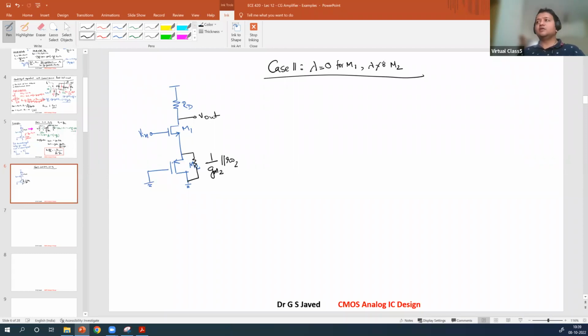If you look at the small signal model, it will be identical, just a small value change at the source. So RS is going to be 1 over GM2 in parallel with RO2. Same GM1 V1, this is V1. You will have no R0 here for the main device, since channel length modulation is 0 there. Here you will have RD.